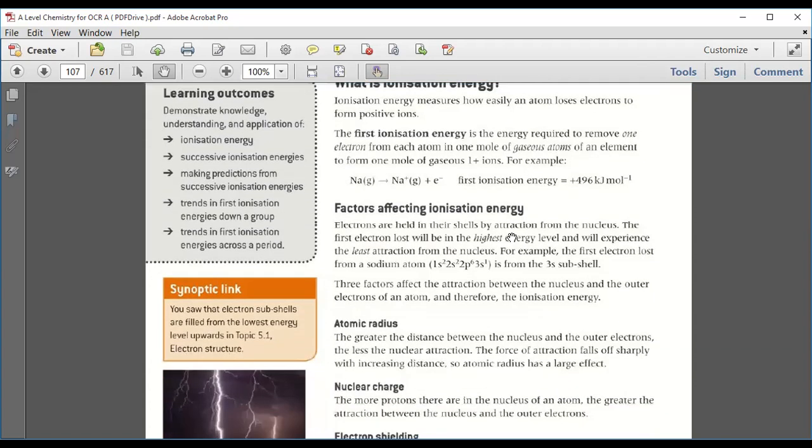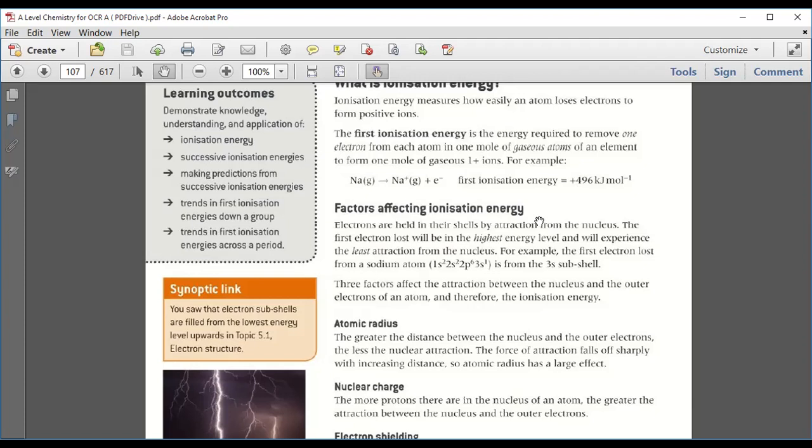Now we will study factors affecting ionization energy. Electrons are held in their shell by the attraction of nuclear forces, or you can say by the attraction from the nucleus. We have studied this thing. Nucleus binds electrons near to it.